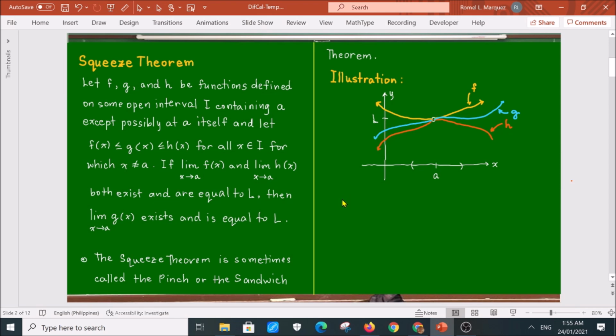To further understand the squeeze theorem, let us have the following examples.